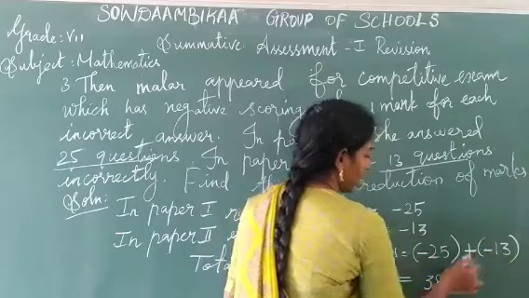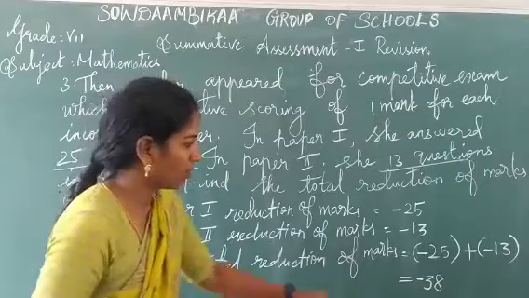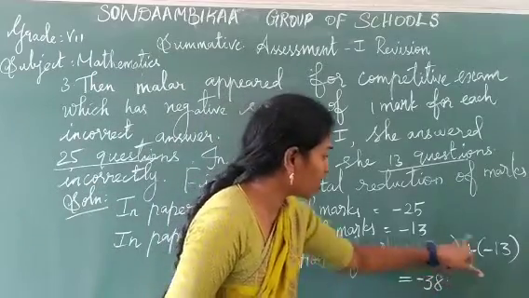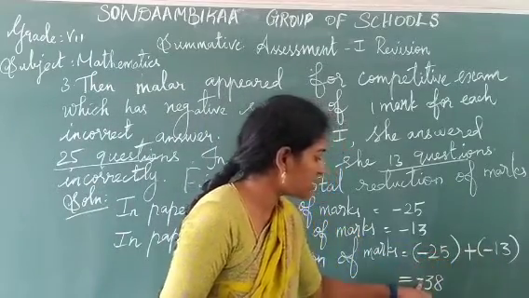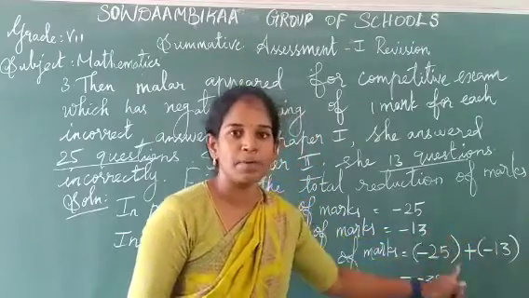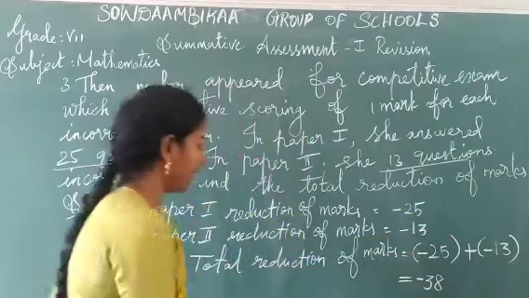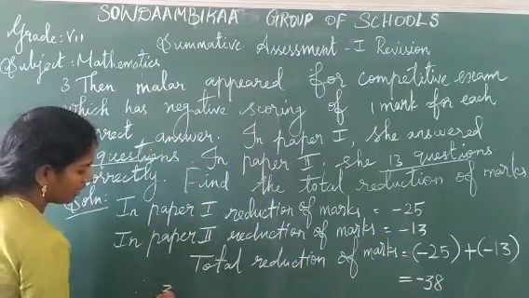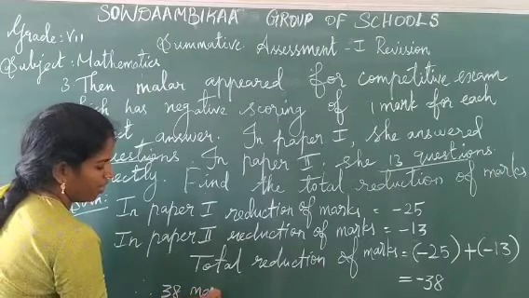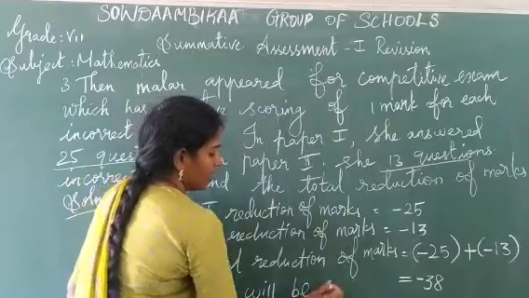Both integers are negative, so we put a negative sign. When two integers are negative, addition is nothing but adding the numbers and putting the corresponding sign. Minus 38. Therefore, 38 marks will be reduced.